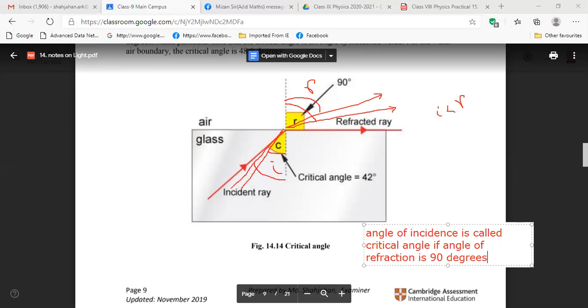So Zawad, you got your point right here. The angle of incidence is called the critical angle if the angle of refraction is 90 degrees.